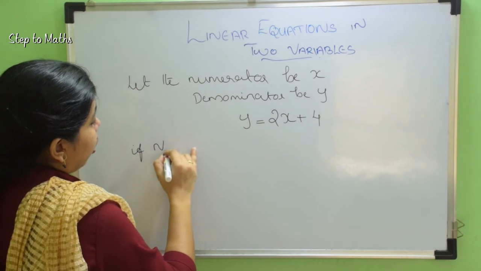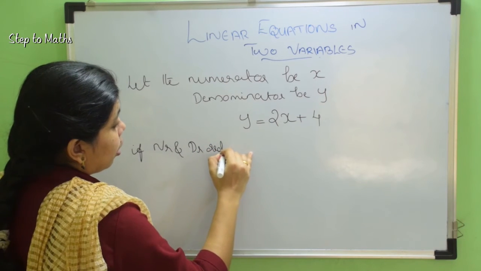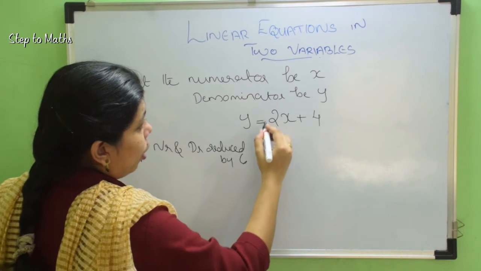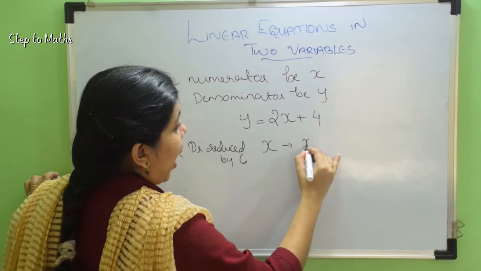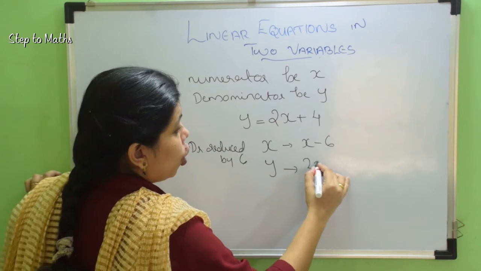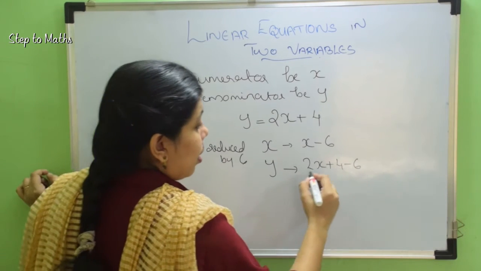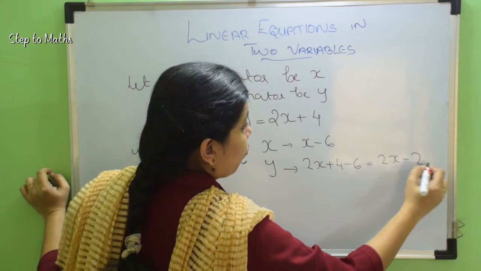If numerator and denominator are reduced by 6, numerator x becomes x minus 6 and y becomes 2x plus 4 minus 6, that is equal to 2x minus 2.